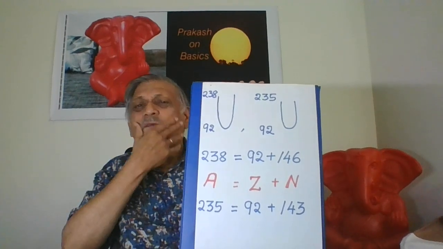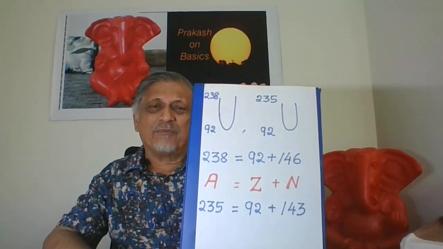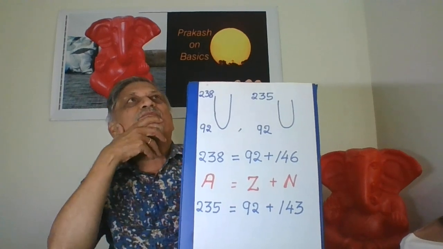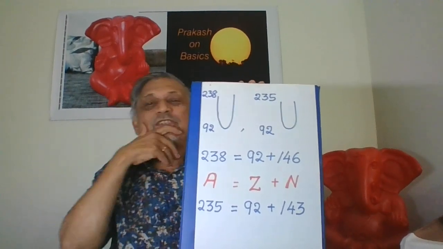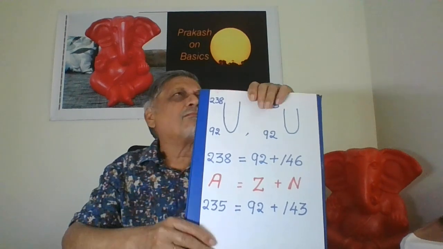To understand this, I think I should take up a couple of other examples. Let me talk of the most common substance that we have, which is water. And water is H2O. That hydrogen has a couple of other isotopes. Original hydrogen is just one proton. So nowadays, technically, hydrogen is known as protium.